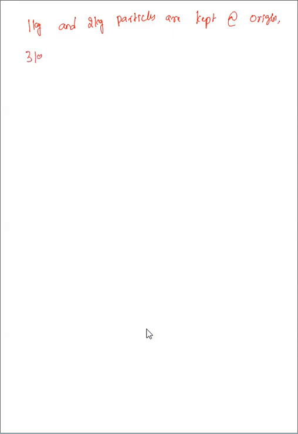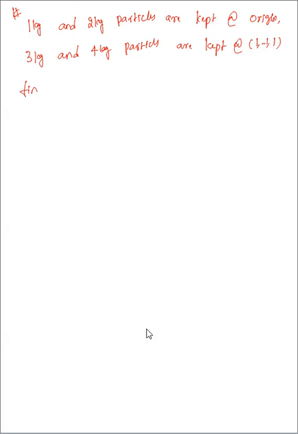3 kg and 4 kg particles are kept at 1, minus 1, 1.